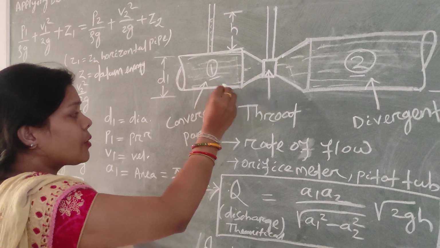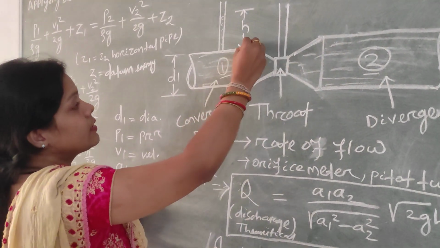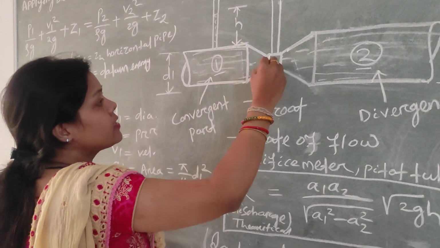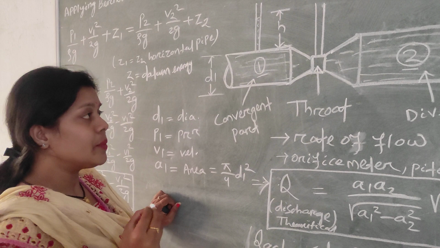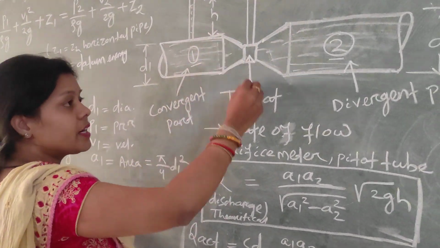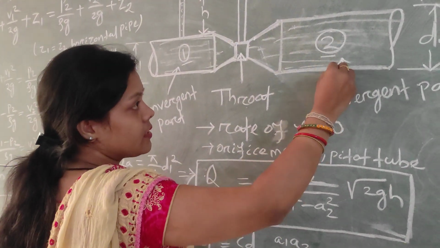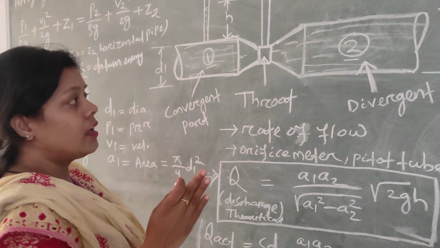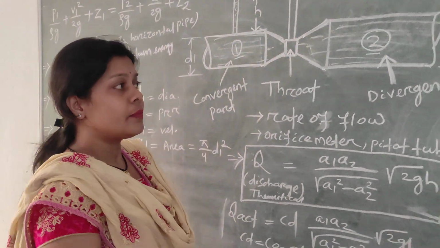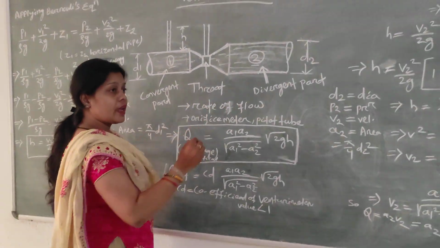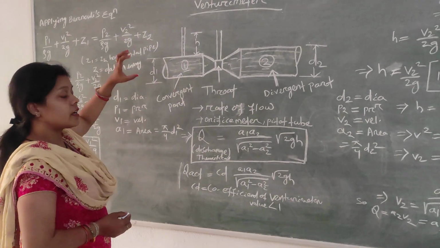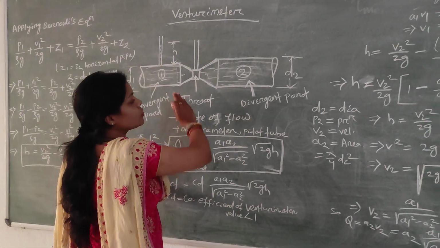Normally, the converging angle ranges between 19 degrees to 23 degrees. But in the divergent part, the diverging angle is between 5 to 15 degrees. The fluid first flows through the convergent part, then goes through the throat, and finally through the divergent part.